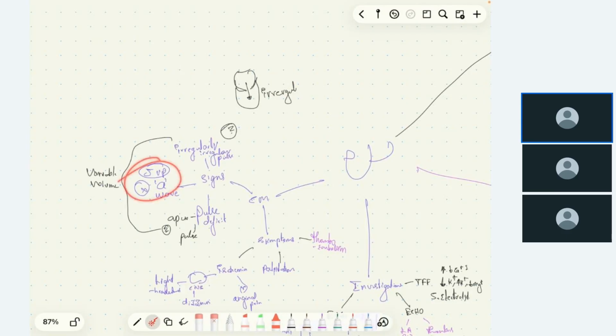What about pulse deficit? What is pulse deficit? If one examiner is calculating the pulse of the patient and another examiner is simultaneously auscultating the heart sounds, the heart rate heard by auscultation and the heart rate calculated by palpation should be the same.